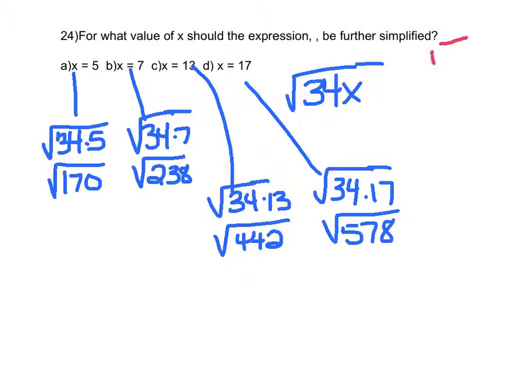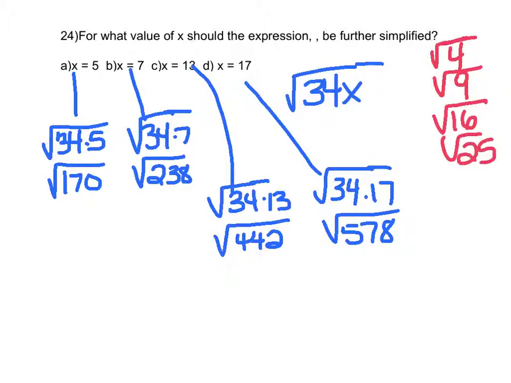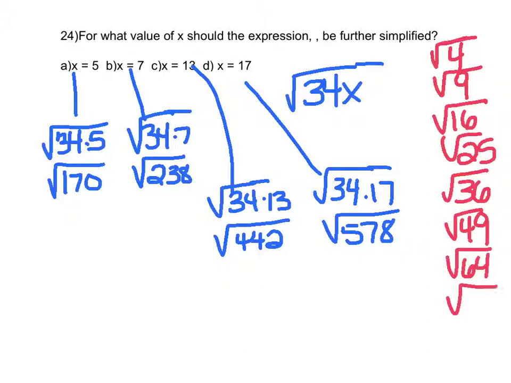You've got the square root of 4, square root of 9, and see which one of these 4 options will be able to be simplified using your perfect square list.